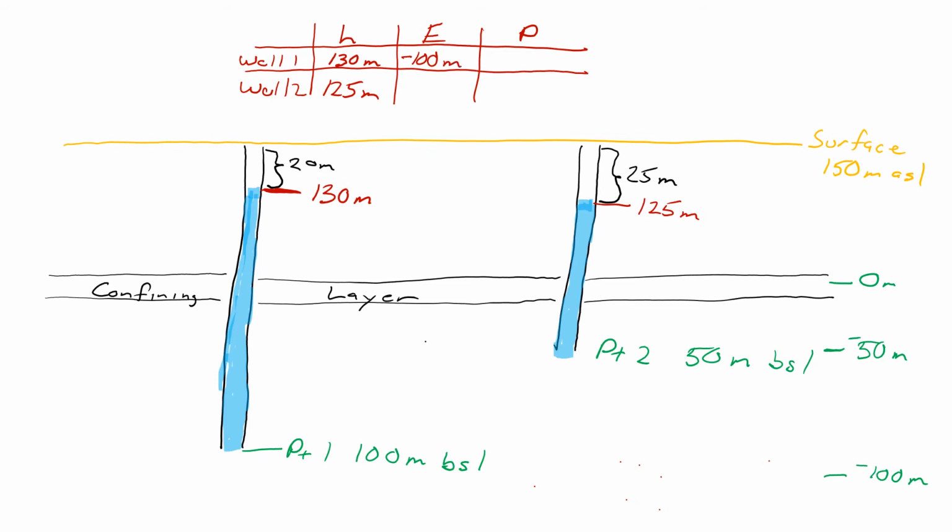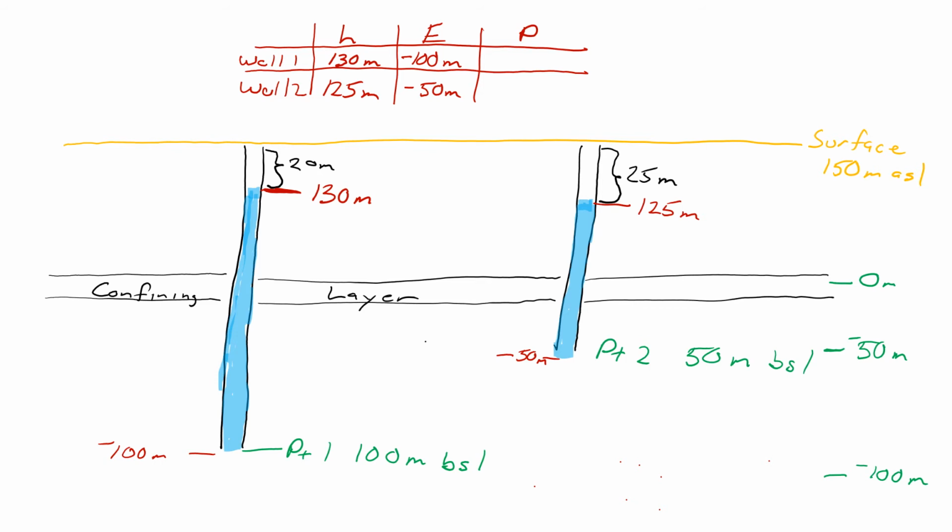Negative 100. Always keep our units, meters. What about well 2? It's down 50 meters, right? So the elevation head then, I can mark this down, negative 100 meters and negative 50 meters.